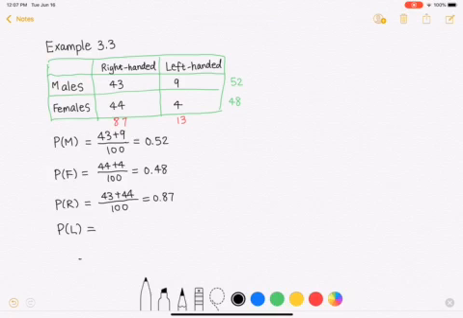We can either do it that way, add up, or we can think of it as they have to add up to 1. So you do 1 subtract 0.87. You will get 0.13. So this is just a little bit different than what we have been doing, just showing you there's a different way to calculate this probability.